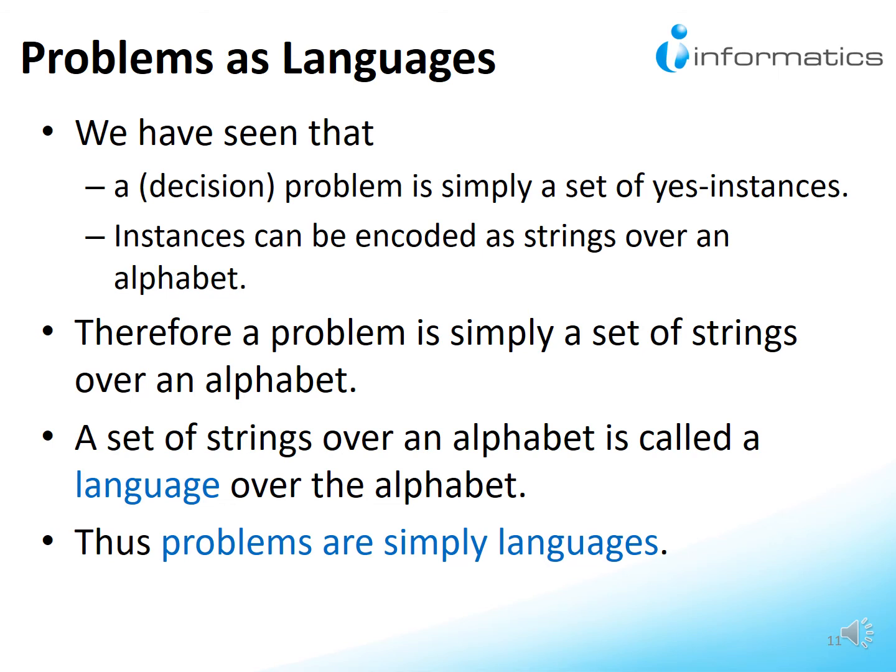And the instance can be encoded using strings. Therefore, a decision problem is a set of strings. Well, a set of strings over a particular alphabet is called a language over the alphabet.